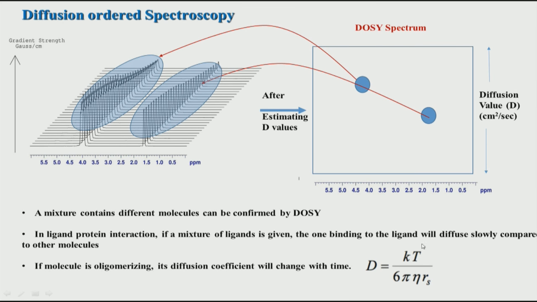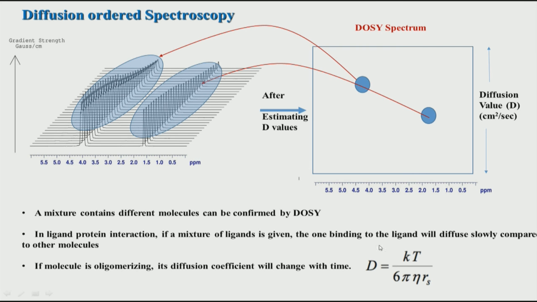Now, according to the famous Stokes-Einstein equation, the D value is directly proportional to temperature and inversely proportional to the radius, which is the hydrodynamic radius of the molecule. So when it oligomerizes, the hydrodynamic radius will change and that will reduce the diffusion value.